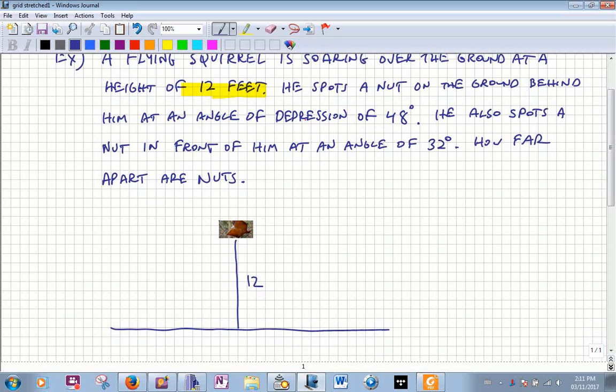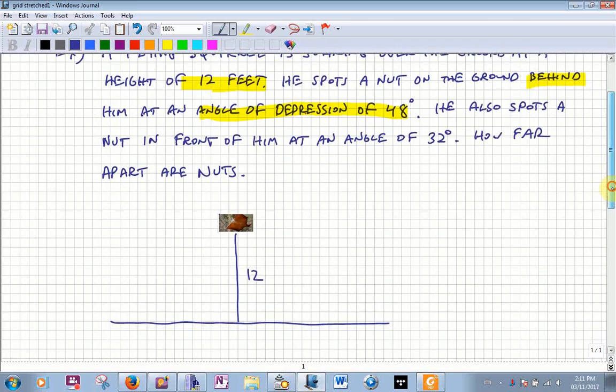Okay? Now, next thing, angle of depression of 48 degrees behind him. Well, it doesn't really matter what's in front, what's behind, because you might draw him facing that way, you might draw him facing this way. But what's angle of depression? You guys remember? Good, some of you do.